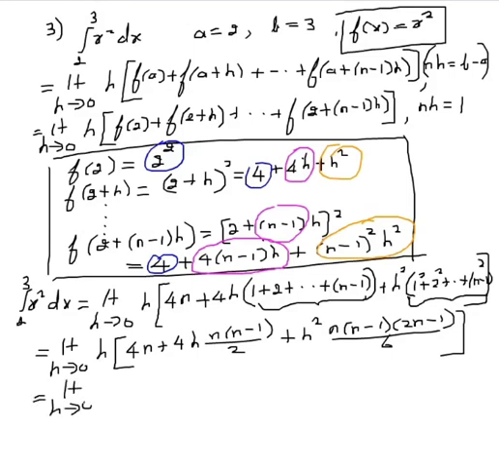Limit h tending to 0 of, as I said, you may do the question with limit h tending to 0, or you may change it in terms of n and do. I'm keeping it in terms of h. So let us distribute this h. 4nh plus 2 times nh, and this h let us multiply with n minus 1.